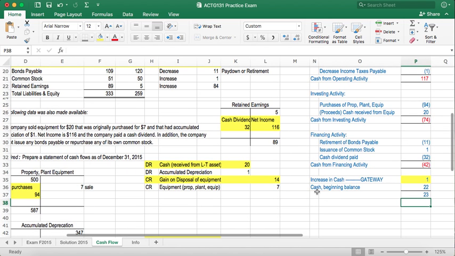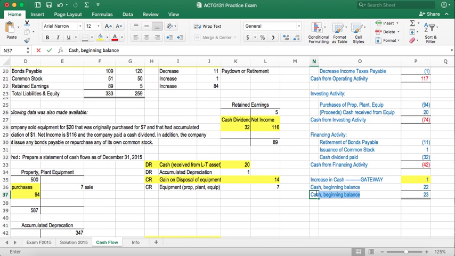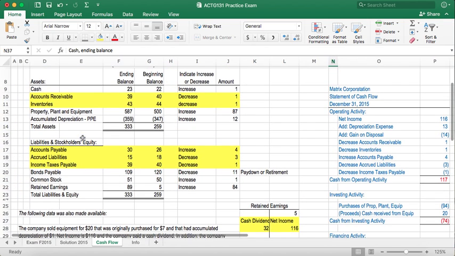So with the statement of cash flows, you know the answer before you begin. What do I mean by that? We know that our statement of cash flow must end at 23, which corresponds with the ending balance of cash.